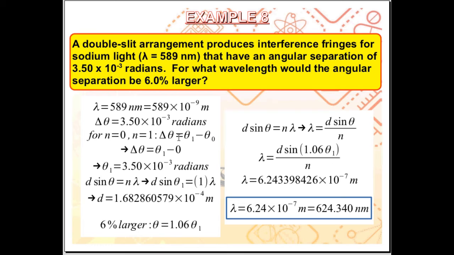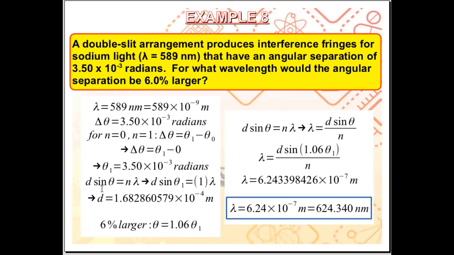Delta theta is equal to theta 1 minus theta 0. The central bright fringe is located at the center of the interference pattern for the double slit, so theta 0 is just equal to 0. We are able to get theta 1, 3.50 times 10 to the negative 3 radians.